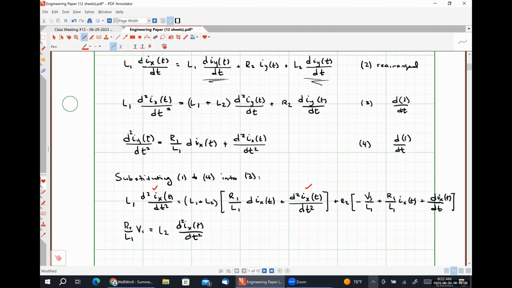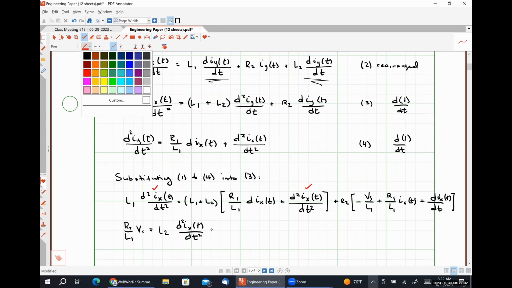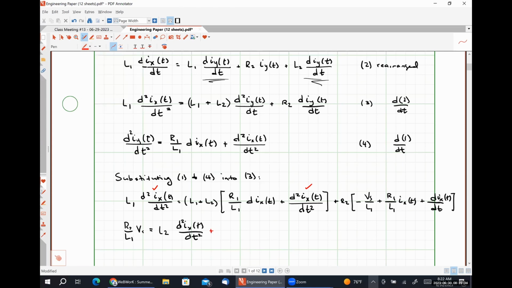For my first derivative, I'm going to have, excuse me, that should be in black. So let's see, I have L1 plus L2 times R1 over L1.